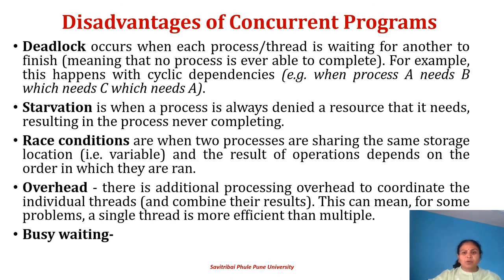Disadvantages of concurrent programs, in addition to the previous disadvantages. The first is deadlock. A process is said to be in a state of deadlock if it is waiting for an event that will not occur. So deadlock usually involves several processes and may lead to the termination of the program.